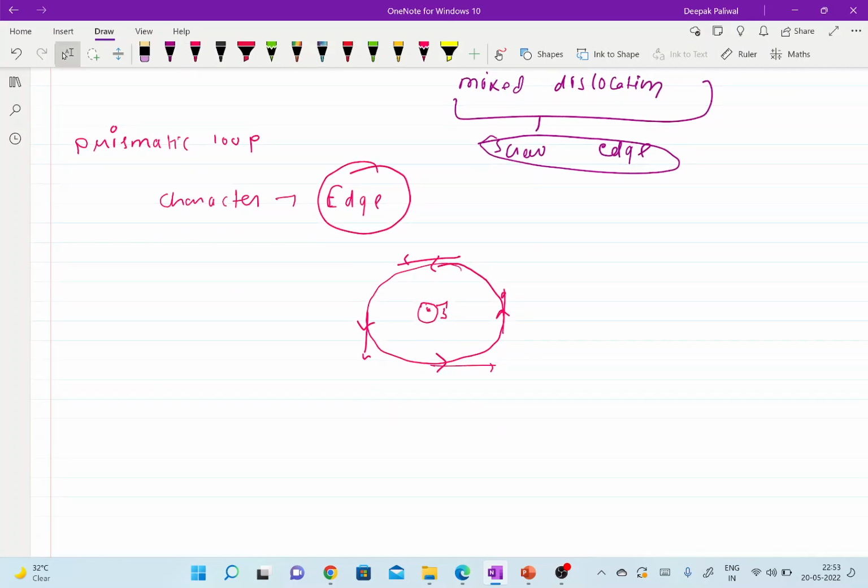So in this kind of loop, two types of loops are possible. One in which the partial planes are outwards, or the planes are inward. What does it mean? Suppose all these planes are outward.